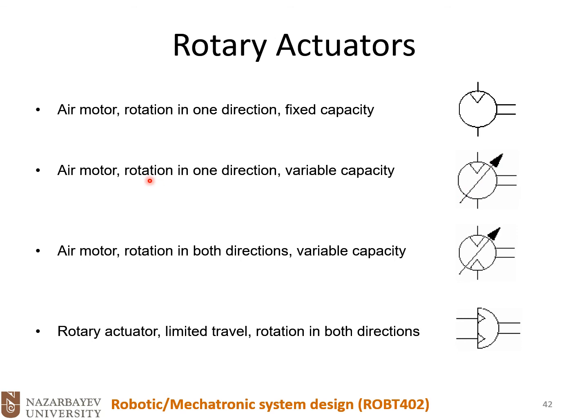This one, we have full range of motion, rotation in one direction, and we have a variable capacity because of this arrow. And here on this one, we have rotation in both directions because of these two triangles that we have on two ports, and we have a variable capacity.